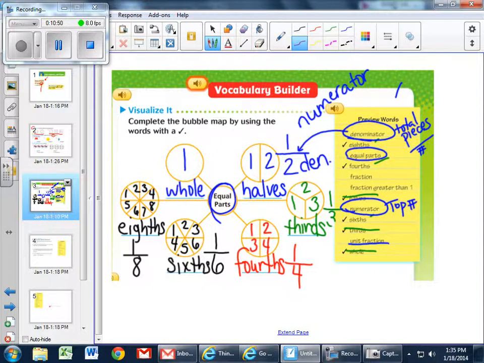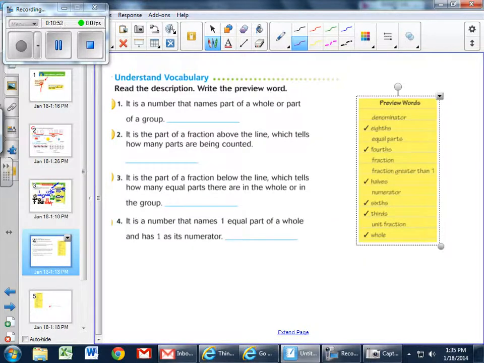Looking at the bottom of the page, I made it a separate page so that we could see it all. We are still on page 306. It says, read the description and write the preview word. So we're learning and understanding our vocabulary. It is a number that names part of a whole or part of a group.